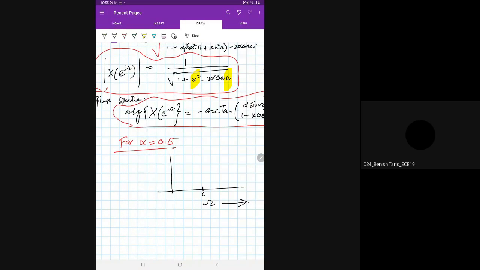Say for example this is omega equal to 0. Okay, this is omega equal to pi, this is omega equal to 2 pi. Then this is omega equal to minus pi, then this is omega equal to minus 2 pi. तो मैंने जीरो को शिफ्ट किया. नॉर्मली जीरो होता है यहाँ पे, ठीक है, लेकिन मैंने जीरो को वहां नहीं रखा. I have shifted it. There is no problem in that.